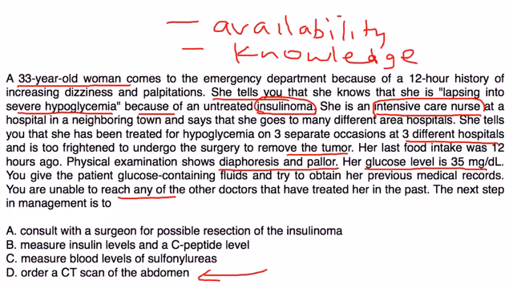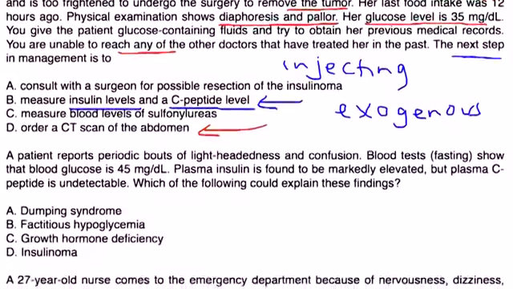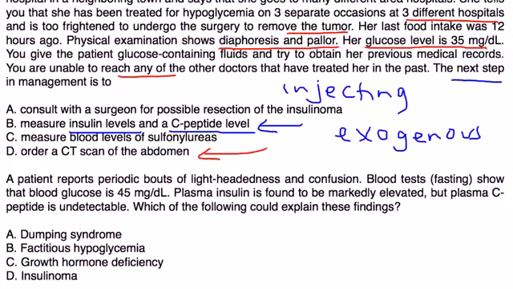And what's probably happening with this patient is she's injecting herself with insulin. So that is an exogenous source of insulin. Her insulin levels will be very high, but her C-peptide level will most likely be low. So that's probably the next step in this patient.